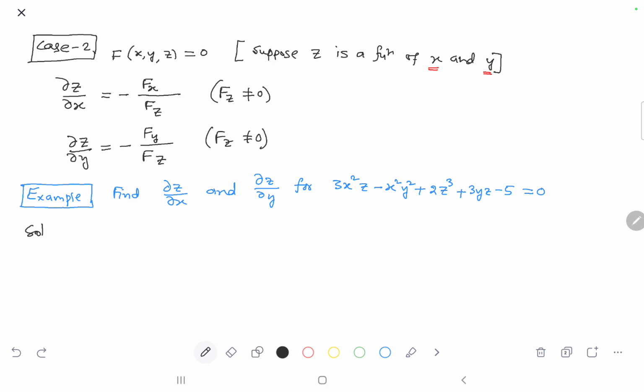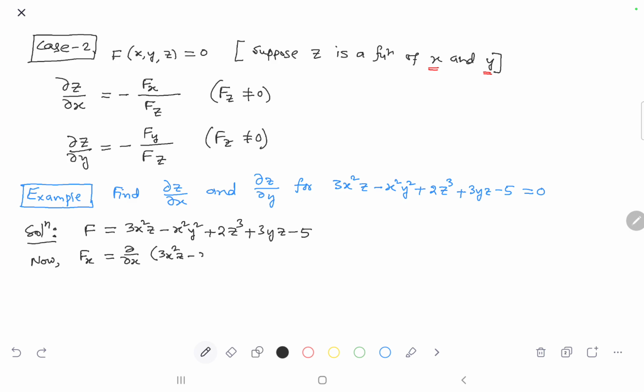So the solution. First you write down your f function. What is f here? f is basically 3x square g minus x square y square plus 2g cube plus 3yg minus 5. What we need to find out are del z del x and del z del y. We need the change of this with respect to x, with respect to y, and with respect to g, right? Now f of x equal to what? Del x of this formula.